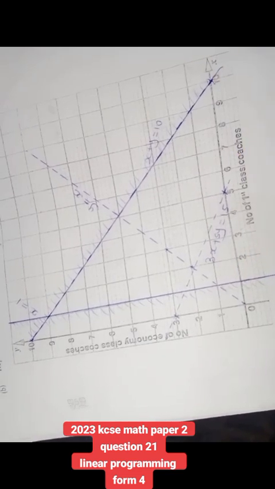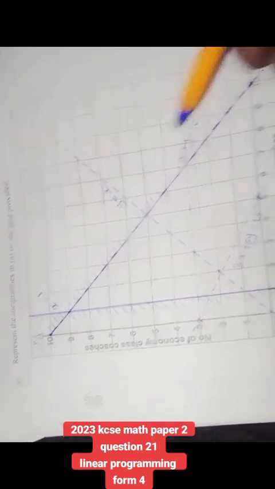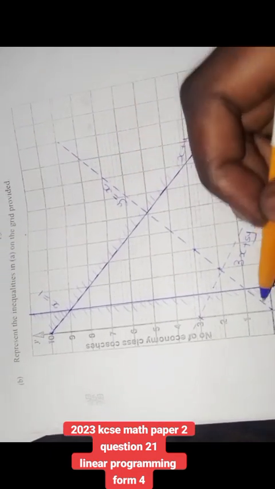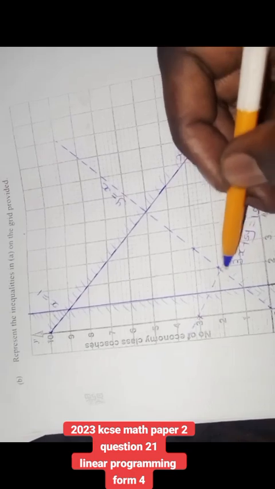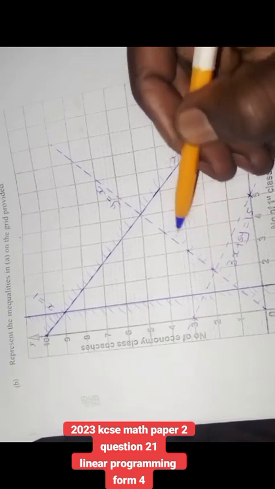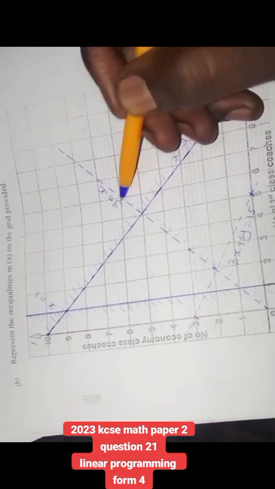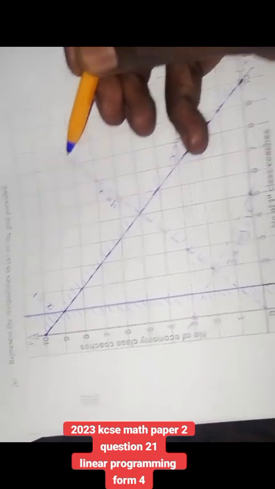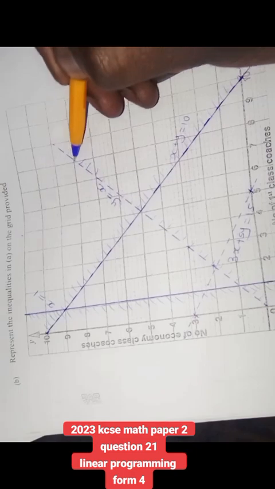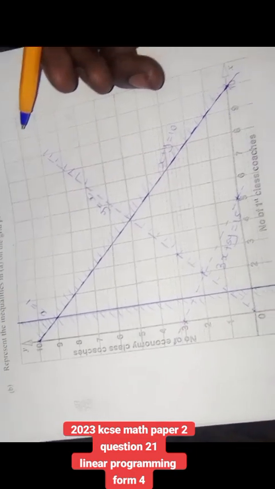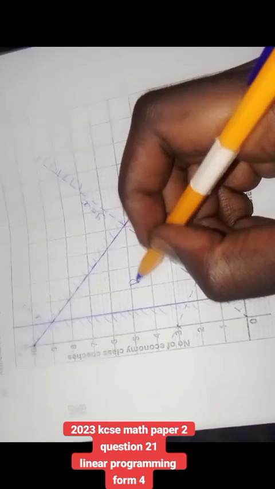And I think if you use that idea, you are also going to shade for y equals x. Realize it is falling on the outer part, like that. So that is how it's supposed to be. And now this one becomes your region, the wanted region. That is how it is supposed to be.